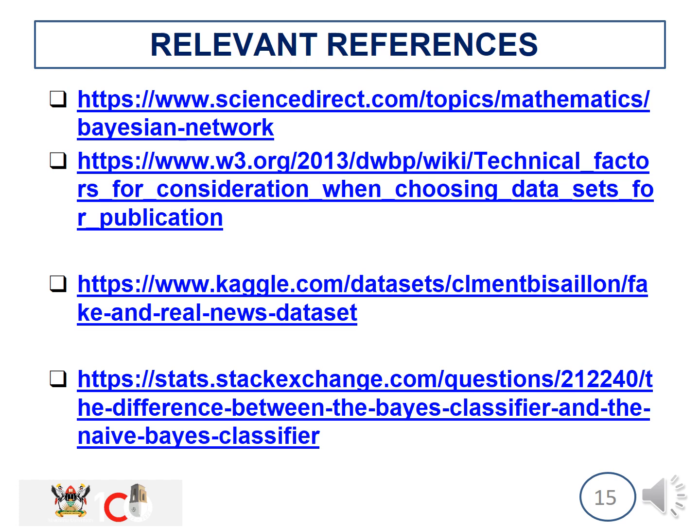It's where I got those factors that I wrote down. And this link is for the dataset that I used, the fake and real news dataset, from Clement Bisaillon. And then this Stack Exchange is where I got the difference between the Bayes classifier and the naive Bayes classifier.